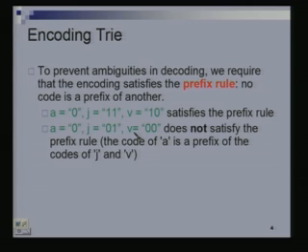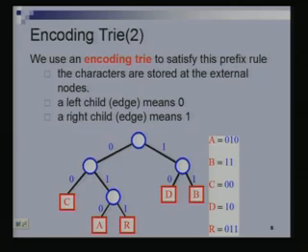So, if your code satisfies the prefix rule, then decoding will be unambiguous, but if it does not, then you will have ambiguities in your decoding. Okay.